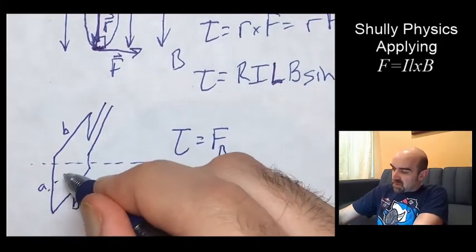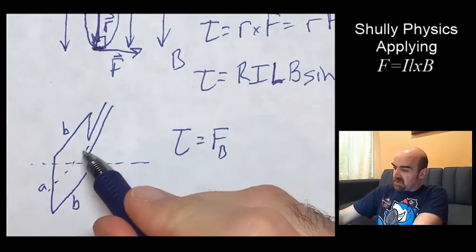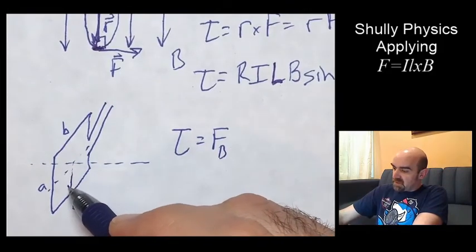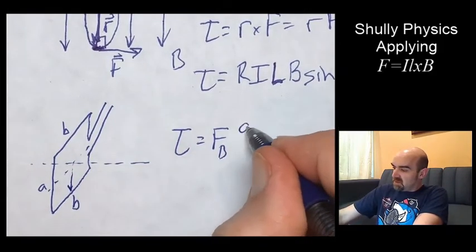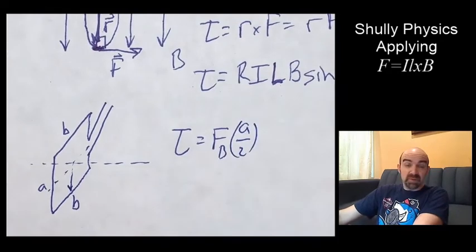The torque arm through the axis of rotation here is half of A, so this would be A over 2. That would be the torque.